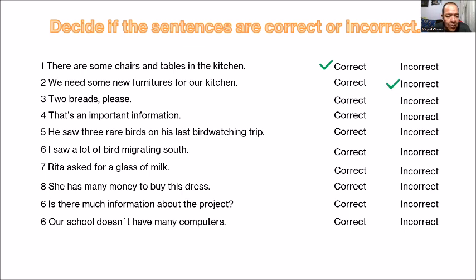Incorrect. Number 3, 2 breads, please. Incorrect. Number 4, that's an important information. Incorrect. Number 5, he saw 3 polar bears on his last bird watching trip.